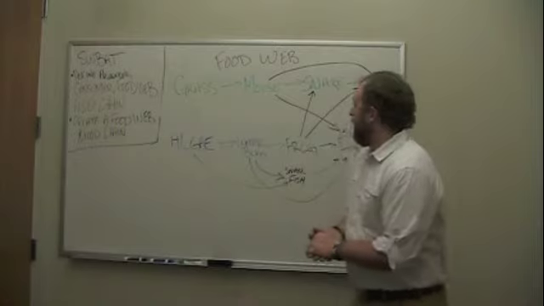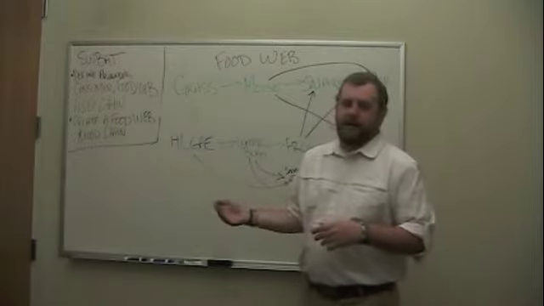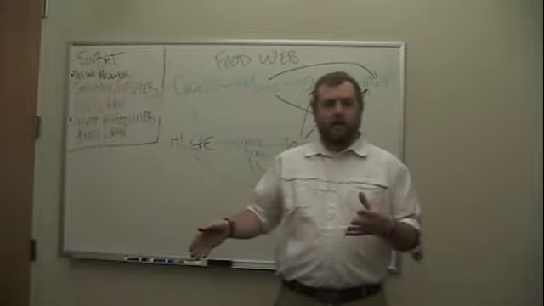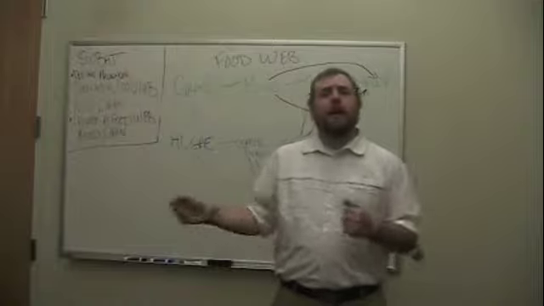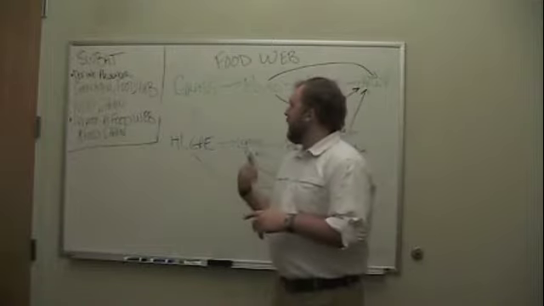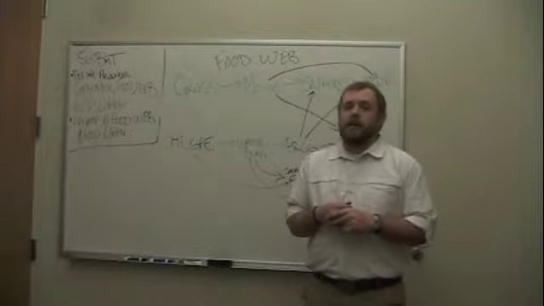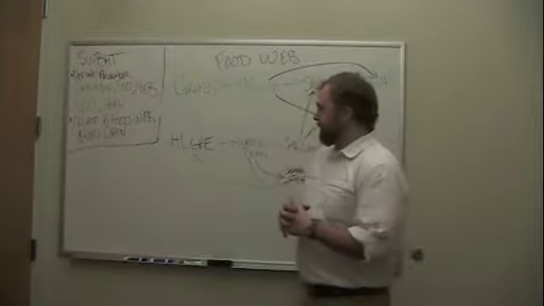Perfect. What about a food chain? Yep, food chain is our steps, how a producer gets eaten by a consumer, which eats that consumer, stuff like that. The interactions between producers and consumers in an ecosystem. And what about a food web? Perfect. It is a combination of our food chains.